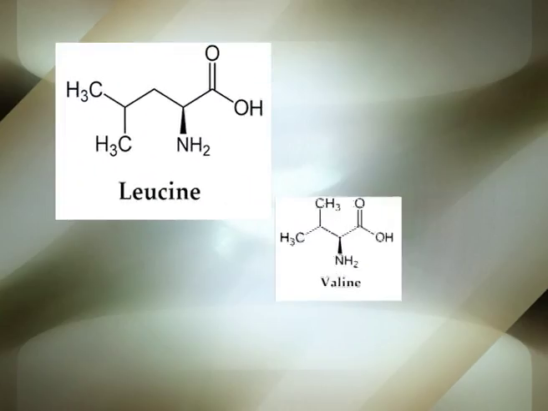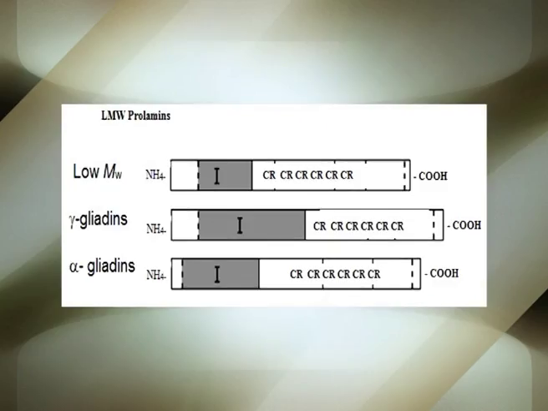The amino acid composition is dominated by glutamine and proline and a high content of hydrophobic amino acids such as leucine and valine. The sulfur-rich prolamins are characterized by a shorter repetitive domain and a longer C-terminal domain compared with high molecular weight prolamins and sulfur-poor prolamins.